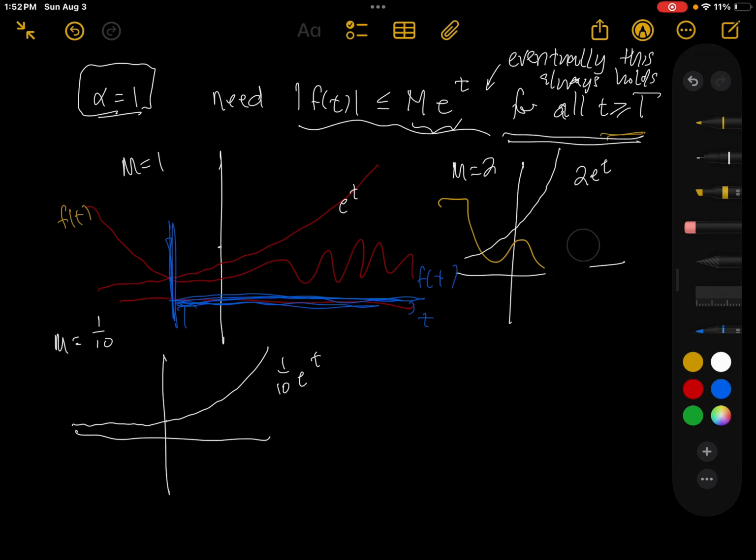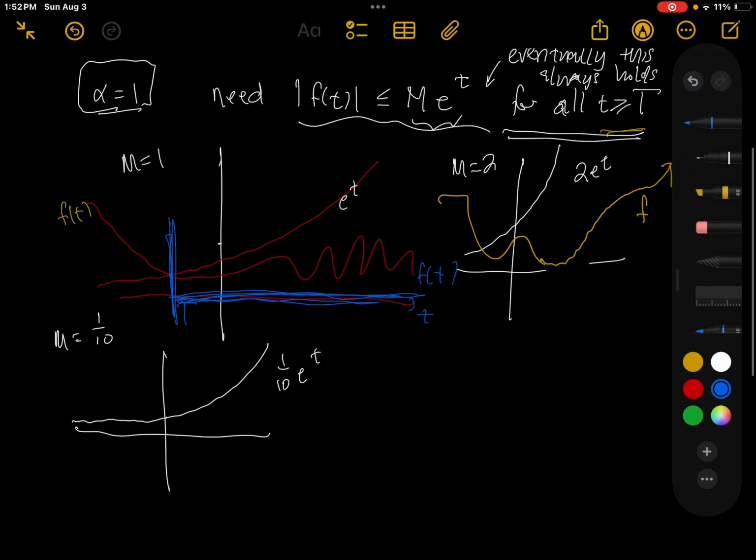So if you make your function like this, this f would also be of exponential order 1, because eventually, past this point, this capital T, to the right of that, your little f is always below some M e to the t. In this case, it's below 2 e to the t.